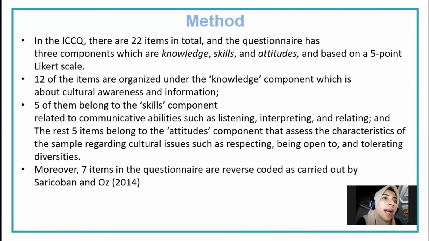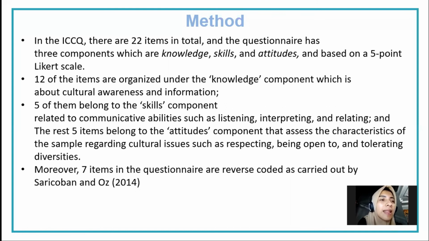12 of the items are organized under the knowledge component, which is about cultural awareness and information. 5 of them belong to the skills component, related to communicative abilities such as listening, interpreting, and relating.